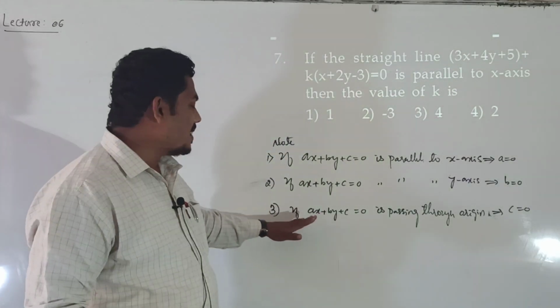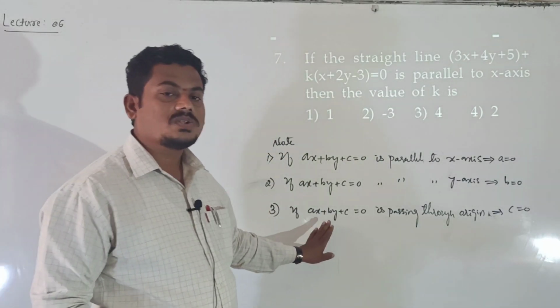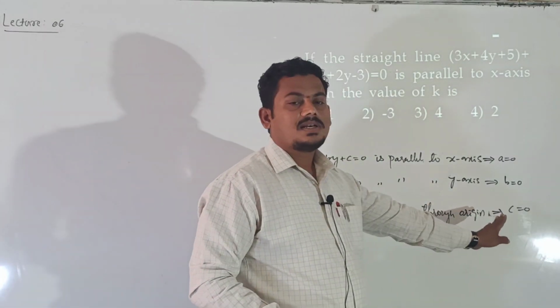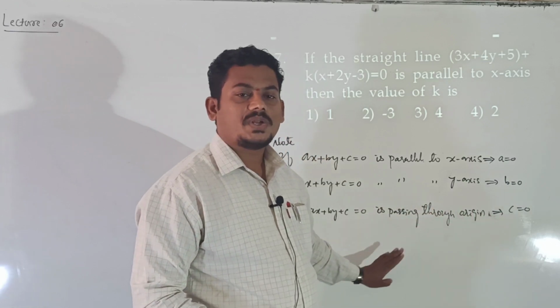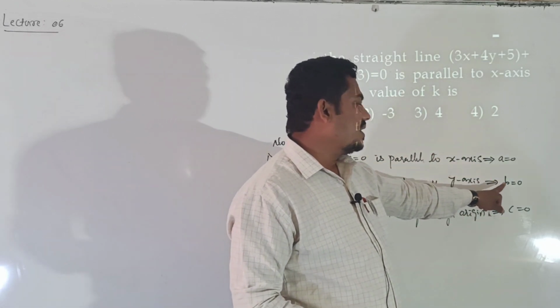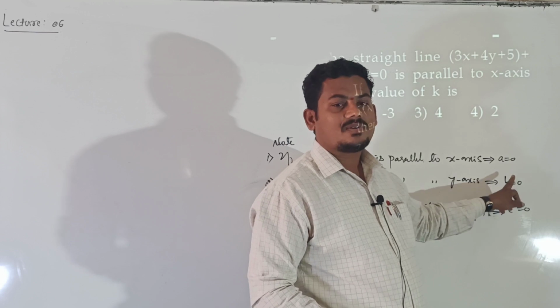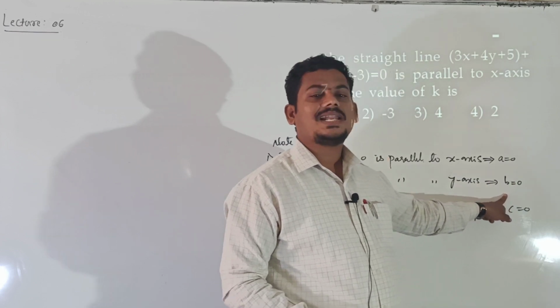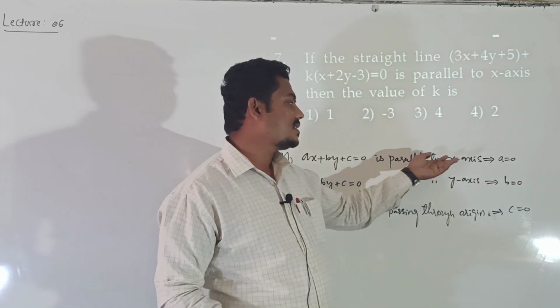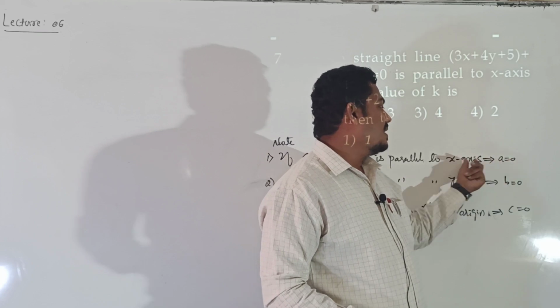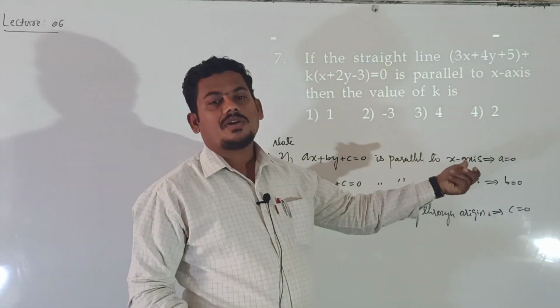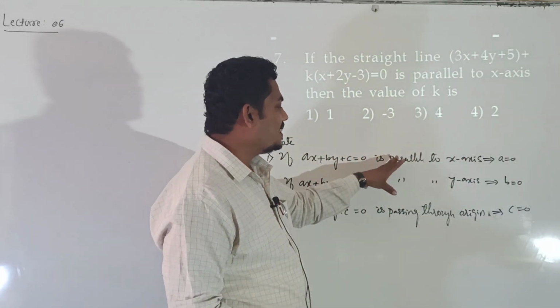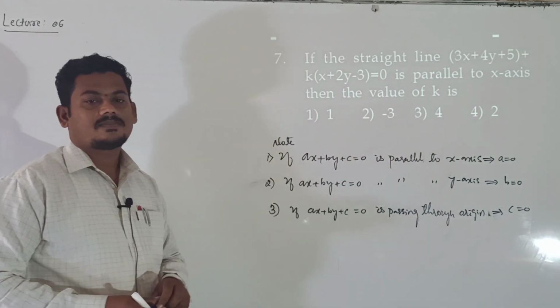In ax plus by plus c equal to 0, suppose c value is 0, then the line passes through the origin. If the coefficient of y is 0, then the line is parallel to the y-axis. Suppose the line is parallel to the x-axis, then the coefficient of x is 0. Remember these three things, right?